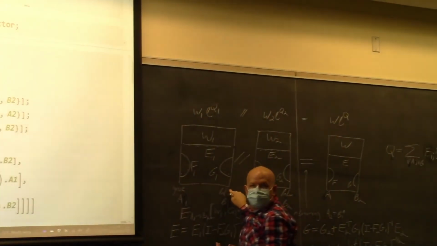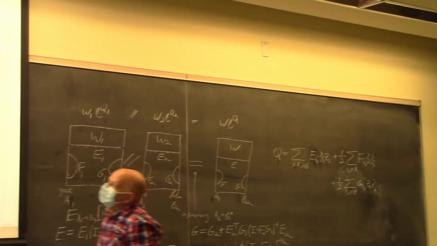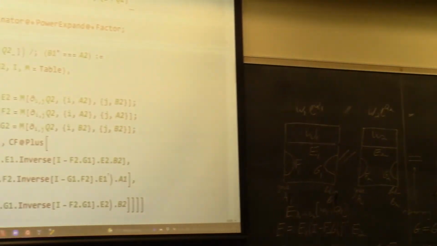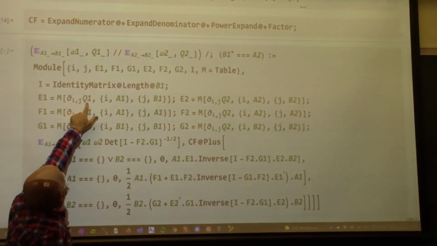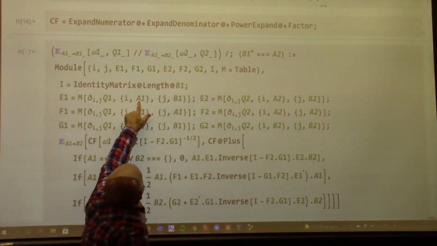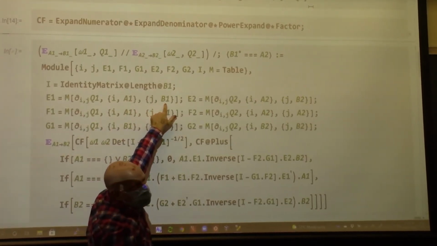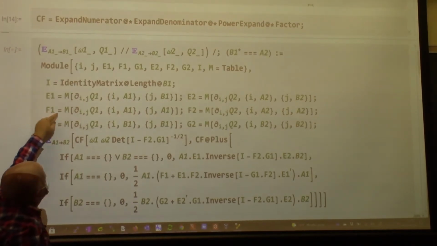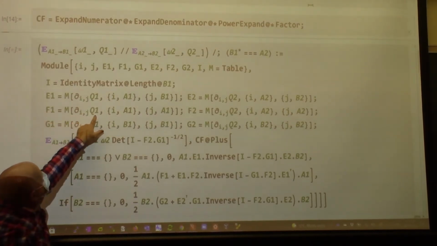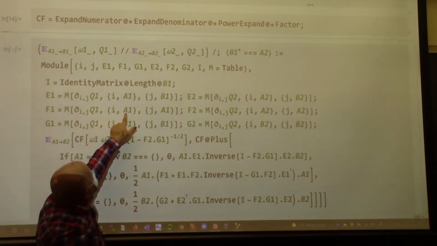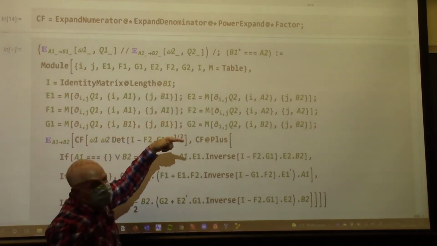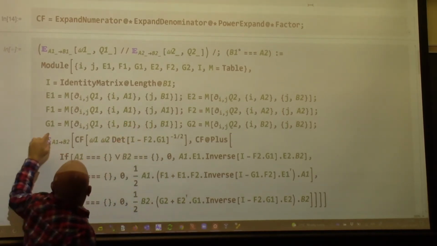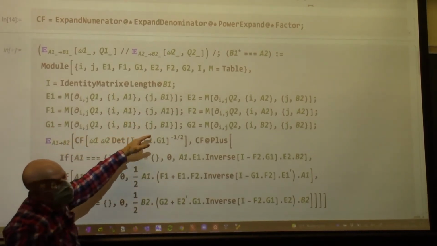And the matrix of partial derivatives is E1. So E1 is the matrix of partial derivatives of Q1 with respect to i and j, where i runs in A1 and j runs in B1. Likewise E2. Likewise F. So F is the partial derivatives where i runs in A2 and j runs in A1. So both are Greek. And G is similarly with both Latin.